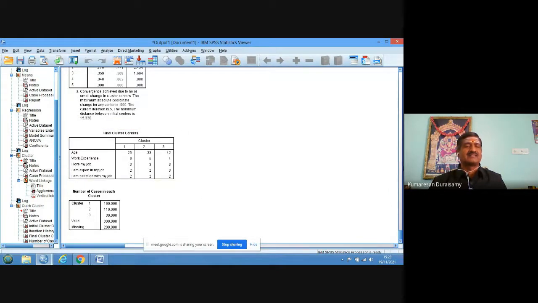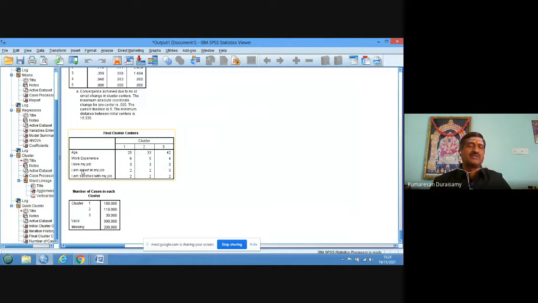Final cluster centers. See, three clusters have been formed, or groups. In a common name, we can say group. Group 1, group 2, group 3. See here, we do not know how the samples have been clustered. Based on age, clusters are formed. 3 clusters are formed. Based on work experience, clusters are formed.